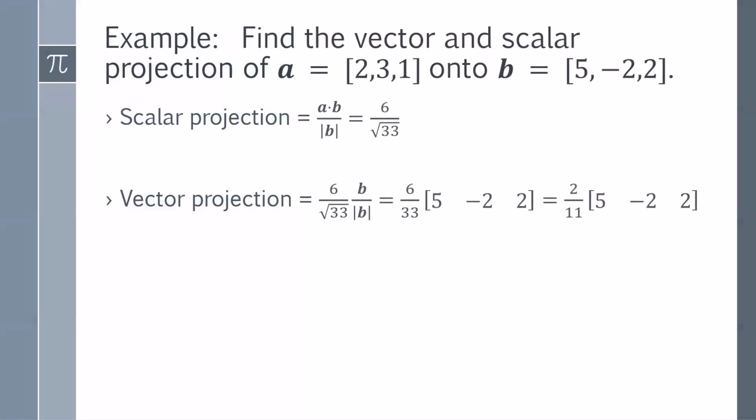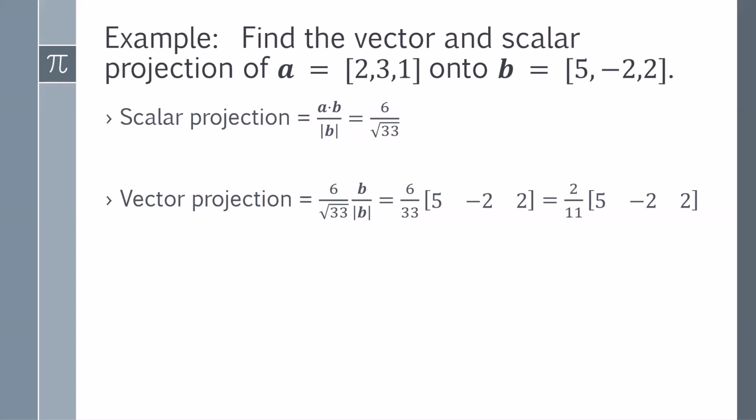So here we want to find the scalar and vector projections of vector A, 2, 3, 1, onto B, 5, negative 2, and 2. So the scalar projection of A onto B is A dot B divided by length of B. The length of B is the square root of 5 squared plus negative 2 squared plus 2 squared. So that's root 33.